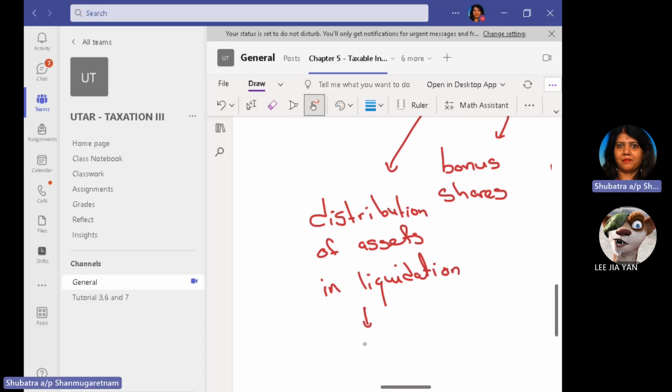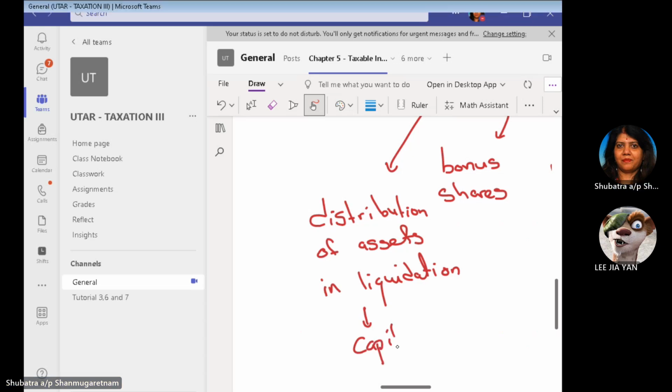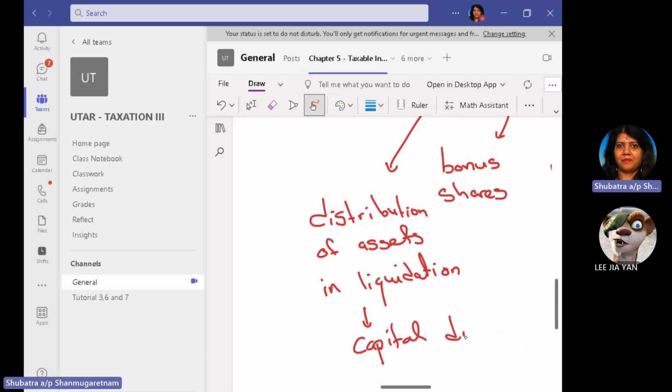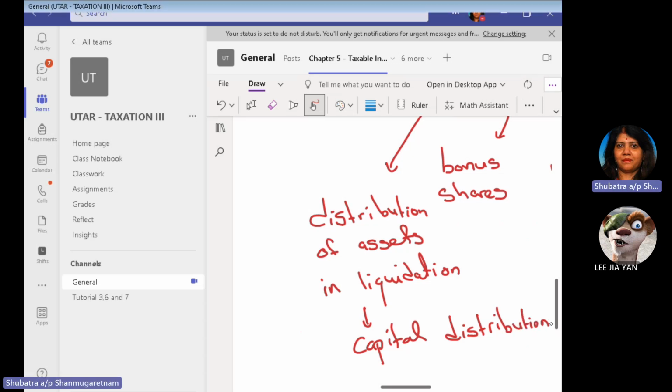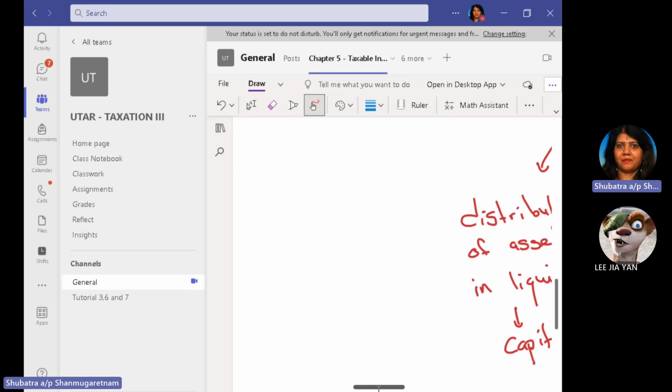It's considered a capital distribution. All right? So these are things that are out of the Income Tax Act. So if you get a gain from this, it is not taxable.